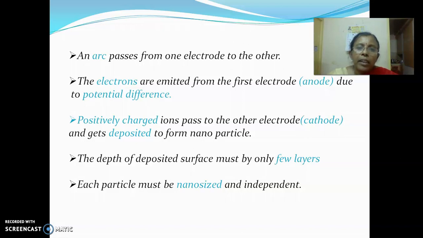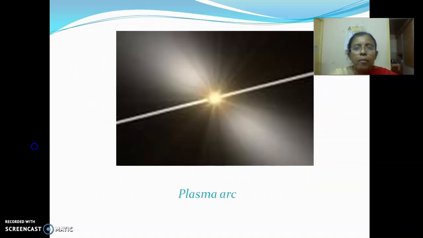The electrons are emitted from the first electrode, that is the anode, due to potential difference. Positively charged ions pass to the other electrode, that is the cathode, and get deposited to form nanoparticles. The depth of the deposited surface must be only a few layers. Each particle must be nano-sized and independent.